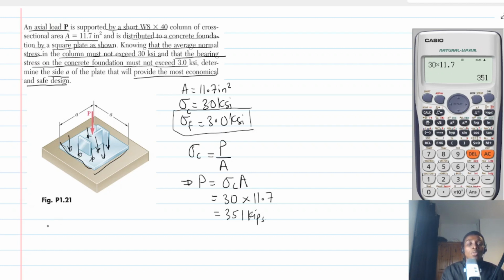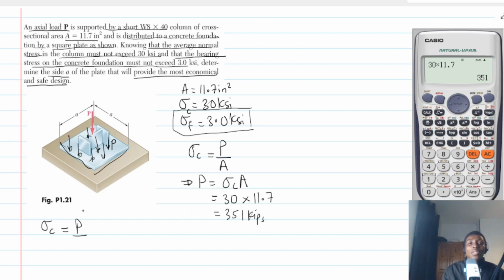Therefore, to find side A, we can say that the load on the column is distributed on the plate, so it is also going to feel the same load.